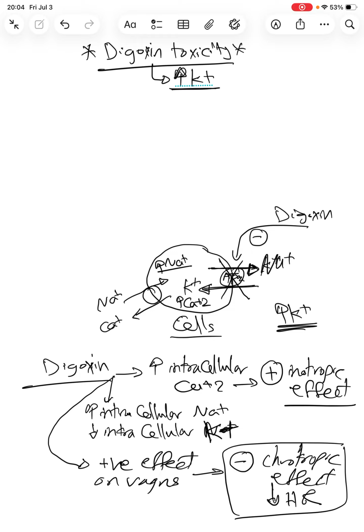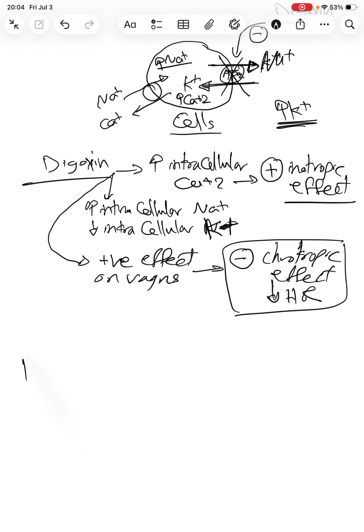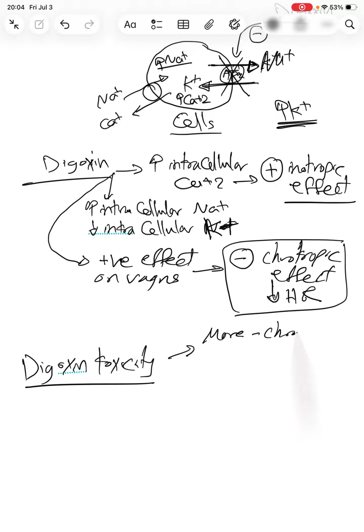If you are having digoxin toxicity, what happens? In digoxin toxicity, there will be more negative chronotropic effect, more stimulation of the vagus nerve, and this will cause bradycardia and hypotension.